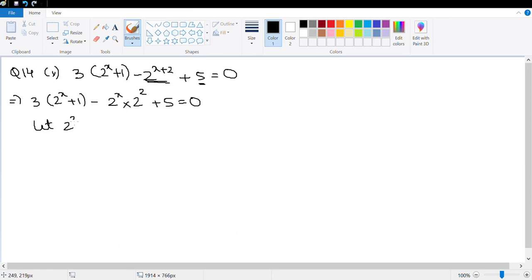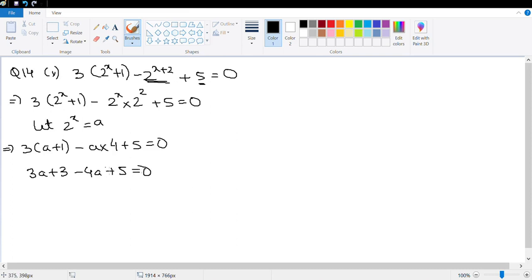Let 2 to the power x be equal to a, which means 3 times a plus 1 minus a into 2 square, which is 4, plus 5 is equal to 0. That's 3a plus 3 minus 4a plus 5 is equal to 0.